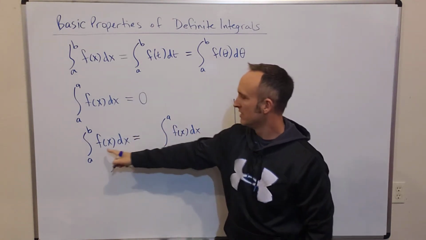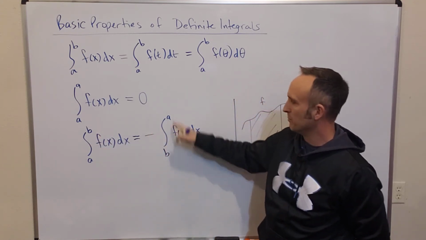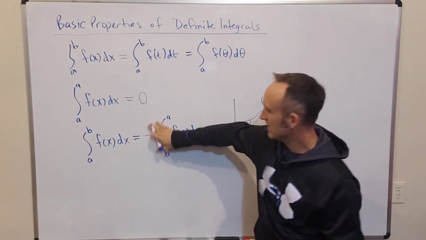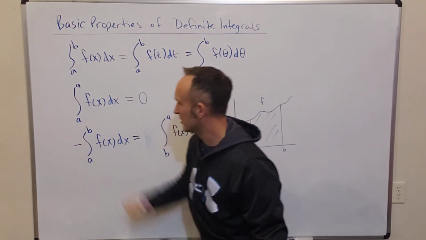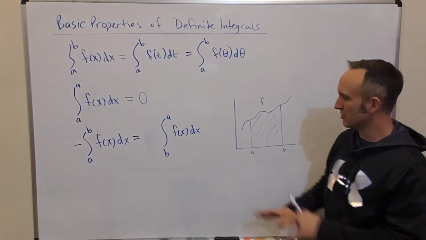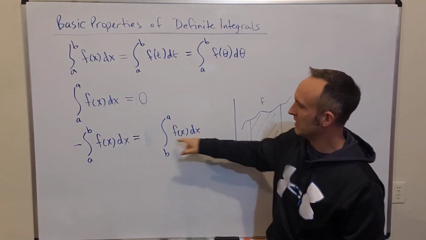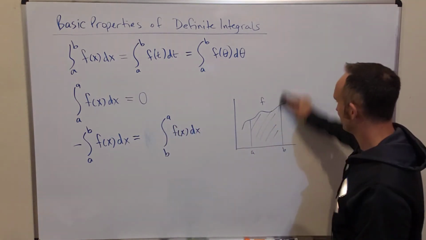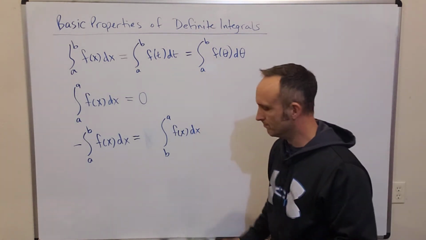So you could say that the integral from a to b is the negative integral from b to a, or vice versa, the integral from b to a is the negative integral of a to b. They're opposites of one another in either case. And so sometimes it's beneficial to flip your limits of integration and introduce a negative if needed. So that's our third property that we're going to look at.